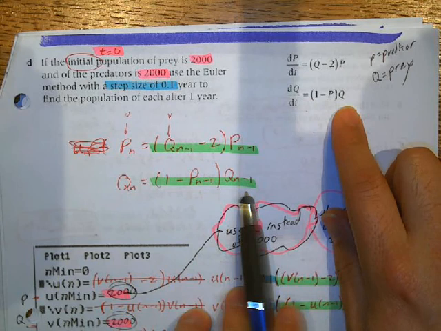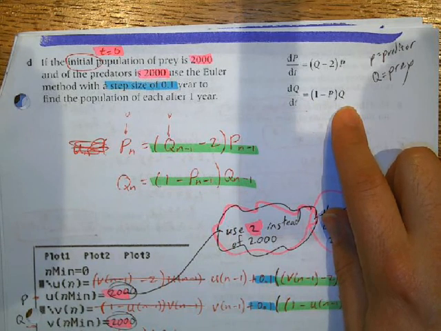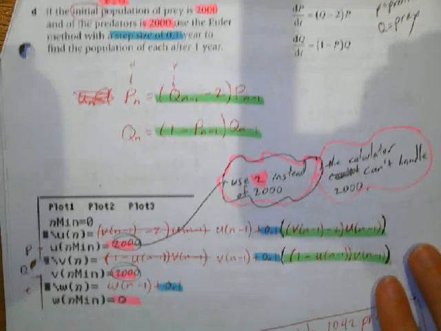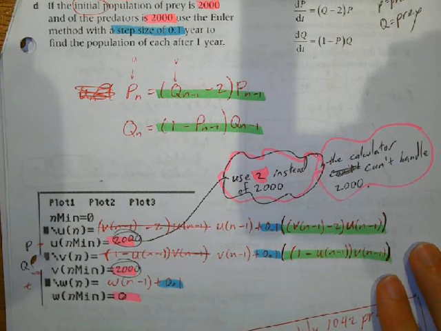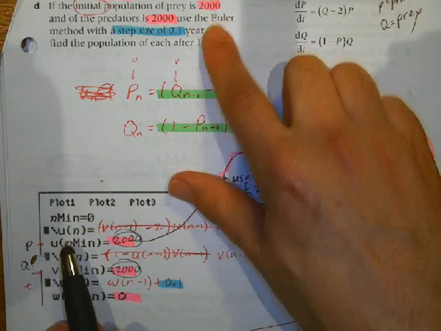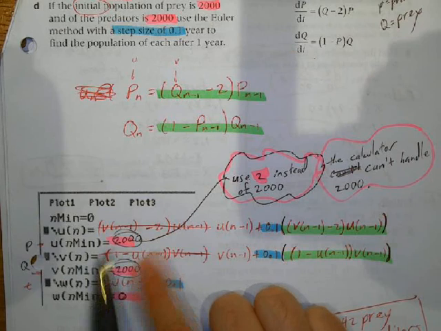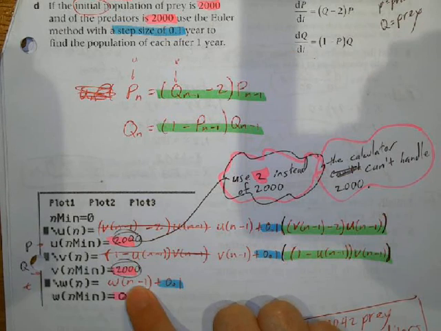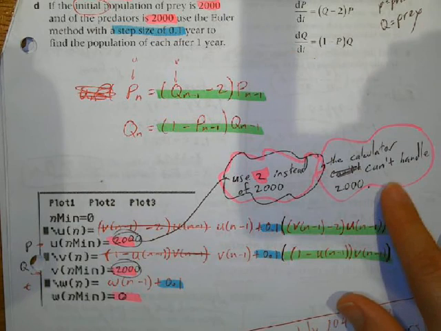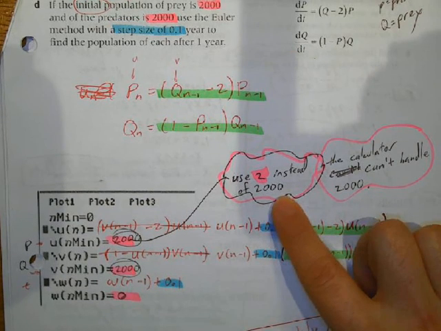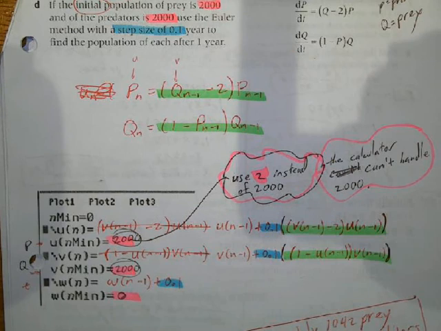So now I'm going to get this information ready for my calculator. We know this is 2000 and 2000. Now, I put 2000 in my calculator, and then I got this weird error, and it didn't work. The calculator couldn't handle a number this big. So I put 2 instead of 2000, and then when I got to the end, I multiplied by 1000.